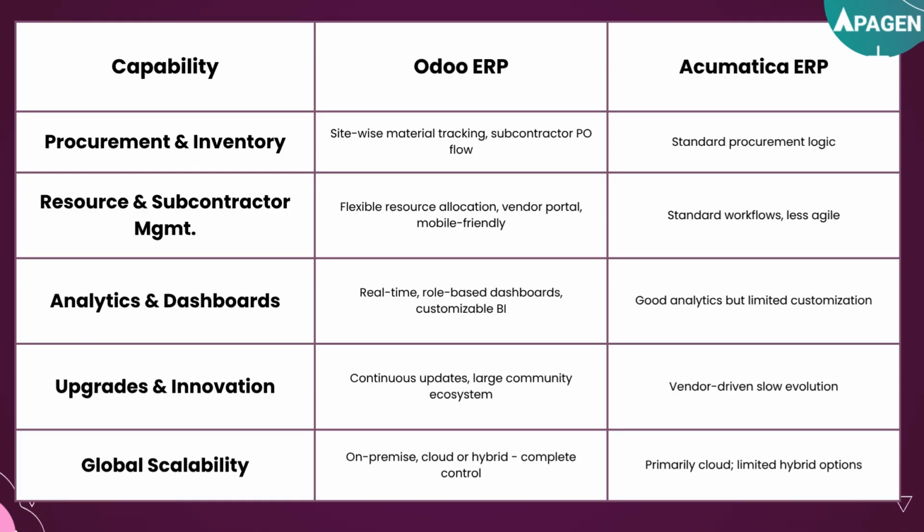Now, if you talk about global scalability, EPC firms often manage projects across multiple geographies and infrastructures. For that, Odoo is available as on-premise, cloud, or hybrid, giving you complete control, while Acumatica is primarily cloud and has limited hybrid options.